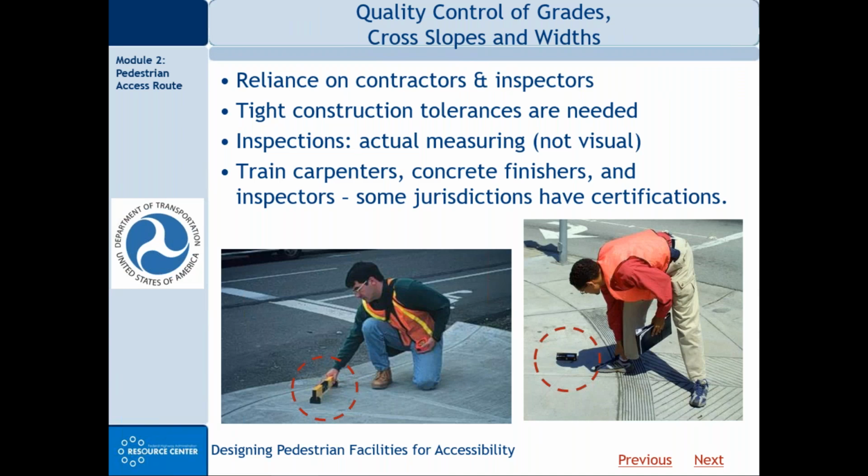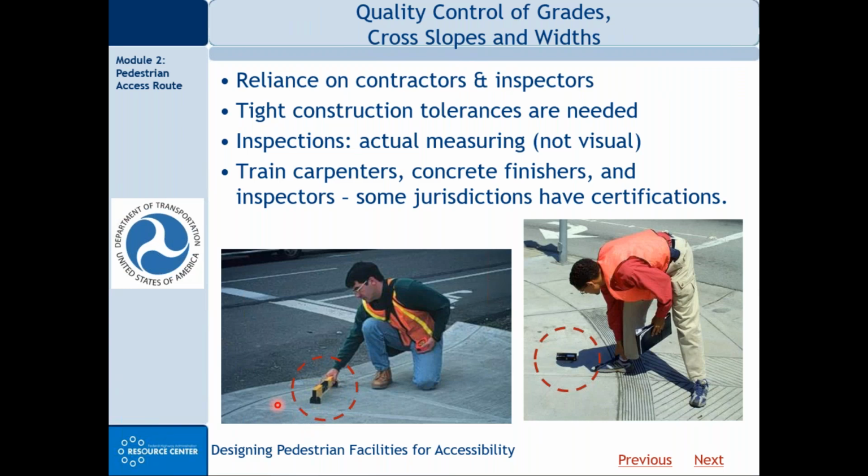And here you see a couple of, I guess, inspectors, which is a good thing, but I have one comment about each of these. Notice here on the left, this fellow is using the digital level to measure apparently the flare on the curb ramp, but it appears he's measuring it incorrectly.